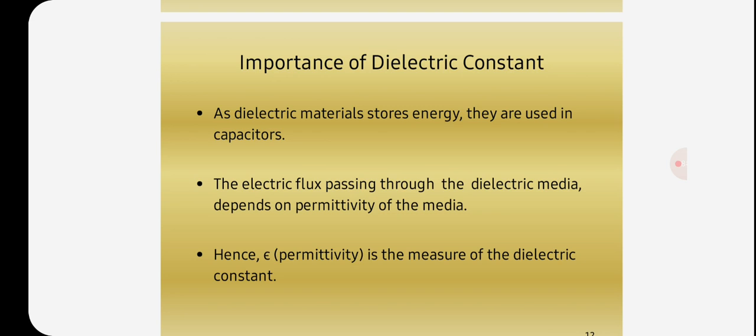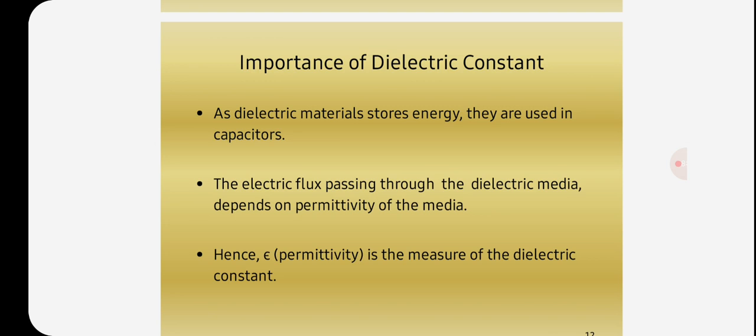However, a dielectric material placed in an electrostatic field will be subjected to electrostatic polarization. Thus, a dielectric material will provide a medium for the storage of electrical energy.